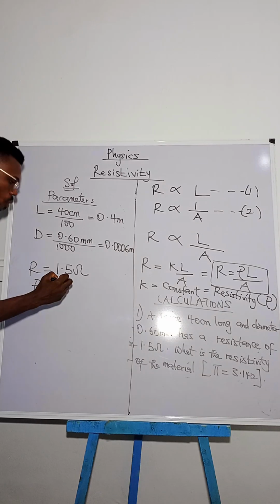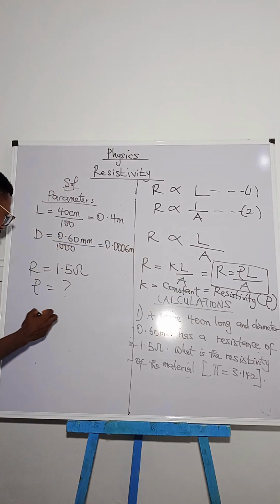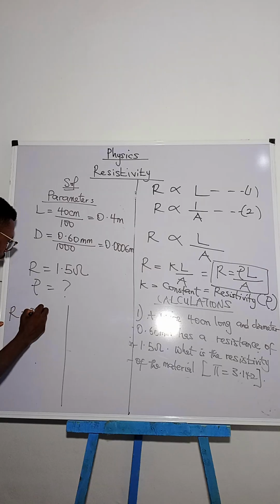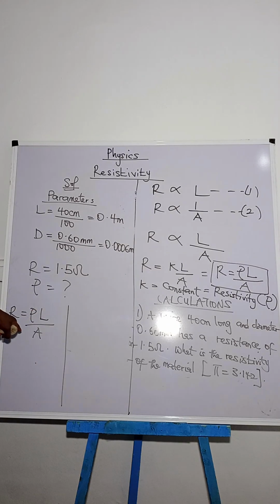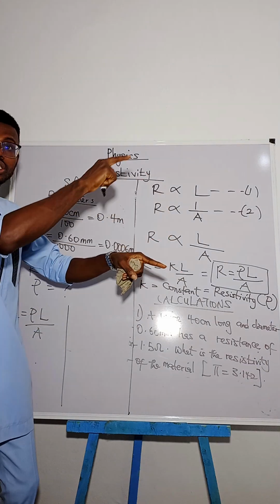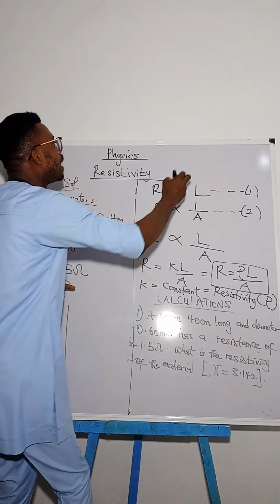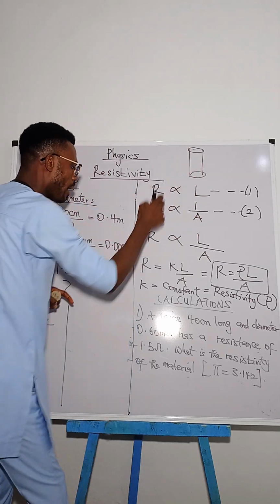Now the question says, what is the resistivity? Rho is unknown. But I know the formula that resistance R is equal to resistivity times L over area. Now, what is the area? Remember the area we're talking about is the cross-sectional area. The cross-sectional area of a wire is circular.